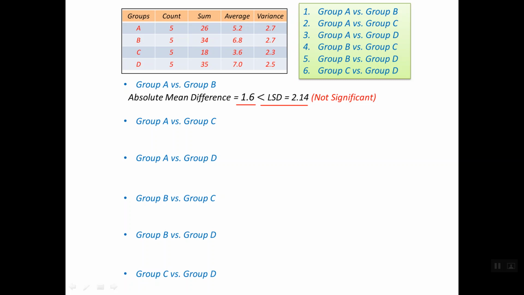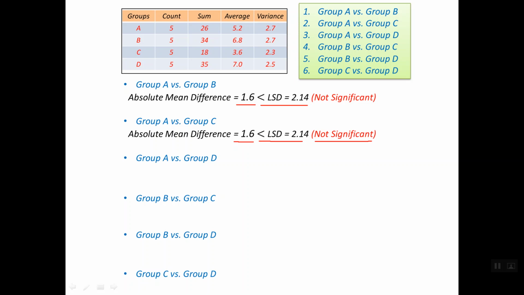Regarding the second pair, group A versus group C, it's the same. The absolute difference in the mean is the same, so it is less than 2.14. Again, there is no significant difference between the two means for these two groups.